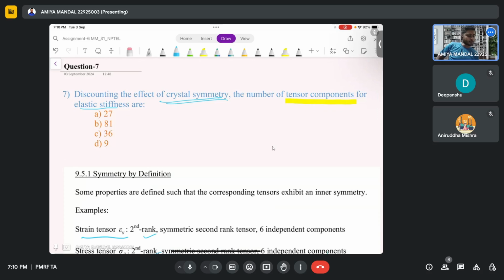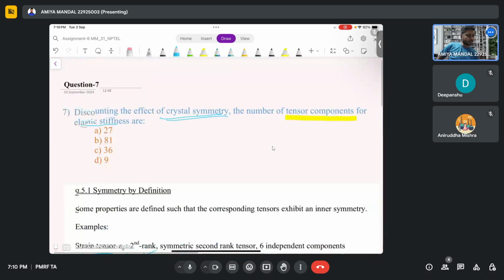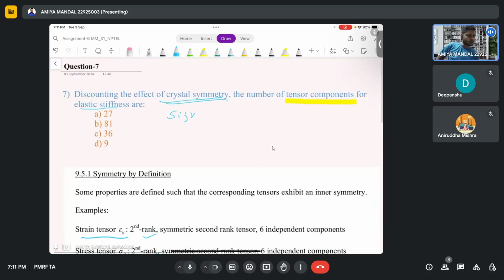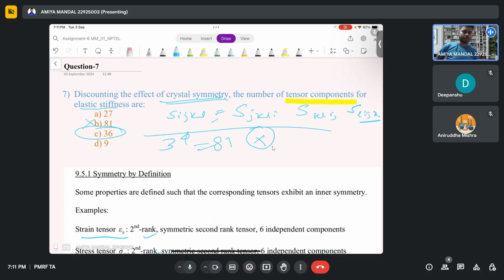So discounting the effect of crystal symmetry, just reduce this crystal symmetry. S_ijkl, S_jlik, S_lijk. Just reduce this symmetry and find the value of 36, not 81. 3 to the power 4 mainly gives you 81, but this is not true here.